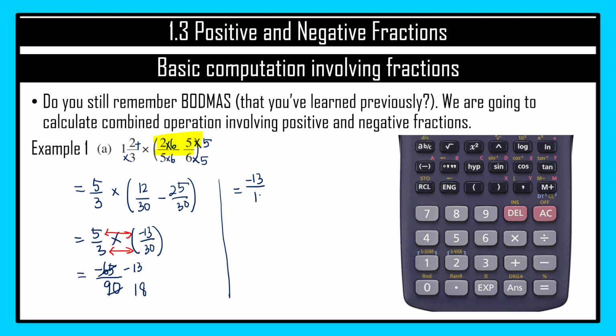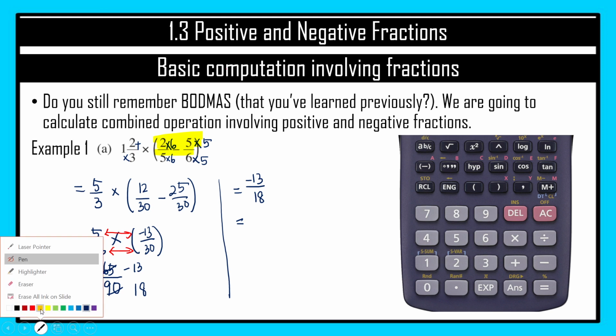In mathematics, once we find we are nearing towards our final answer, remember the negative that I told you earlier? Negative must be by itself because there is no other operation already. So how do I know when to write negative at the side? When you're already near to your final operation.